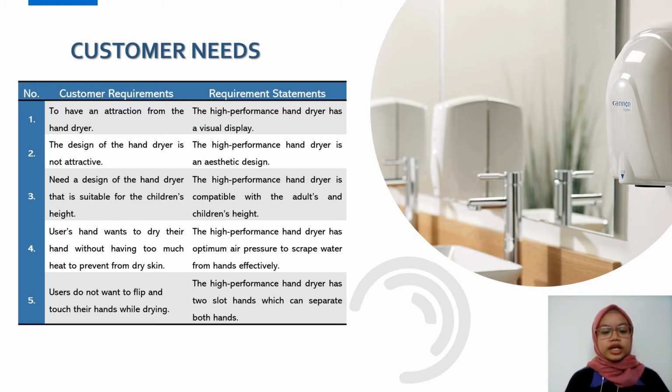The high performance hand dryer has optimum air pressure to scrape the water from the hands effectively. It's not focused on the warm air, it focuses on the air pressure that flows from the hand dryer. The high performance hand dryer has to have two slots that can separate both hands.